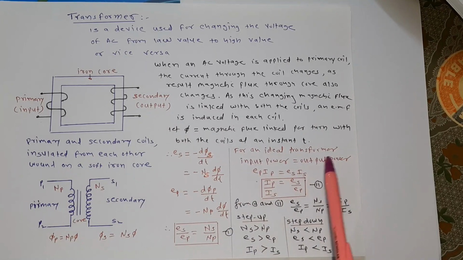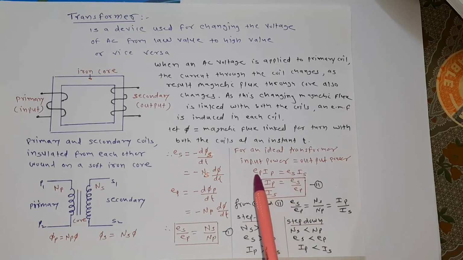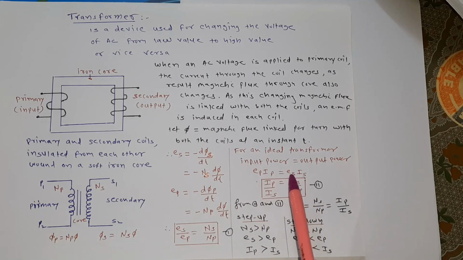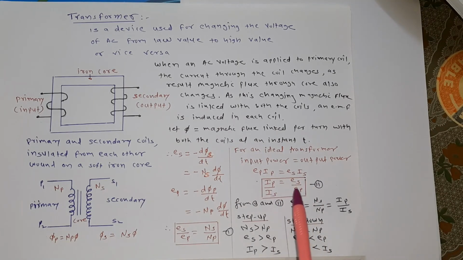For an ideal transformer, input power has to be equal to output power. But what is the power formula? E into I. So primary, that is input, Ep Ip, output, that is secondary, Es Is. So I can say Es upon Ep is equal to Ip upon Is. We are writing in terms of Es upon Ep so that we can equate these two.